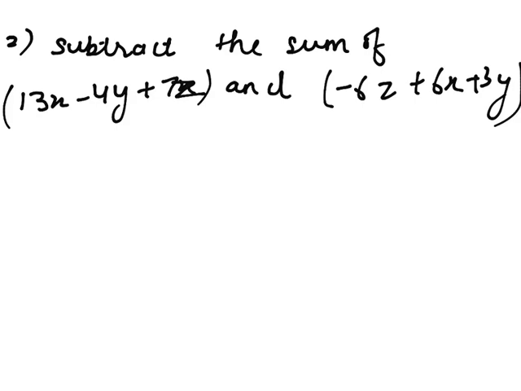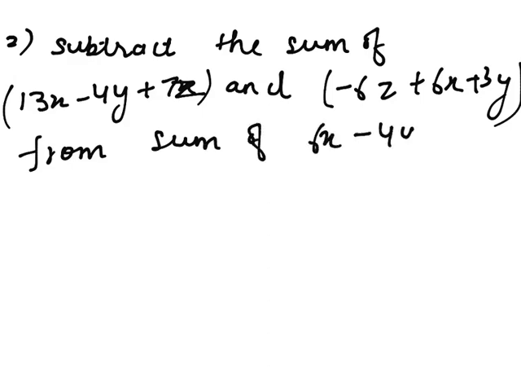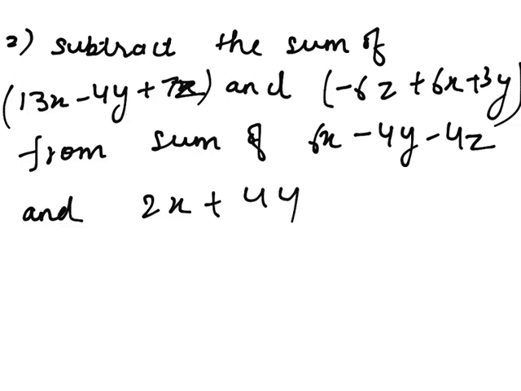We have to subtract the sum of these from the sum of 6x minus 4y minus 4z and 2x plus 4y minus 7. So in that case what we will do? First we will add these two expressions and then we will add these two expressions and then we will carry on with subtraction. So let's start with addition.